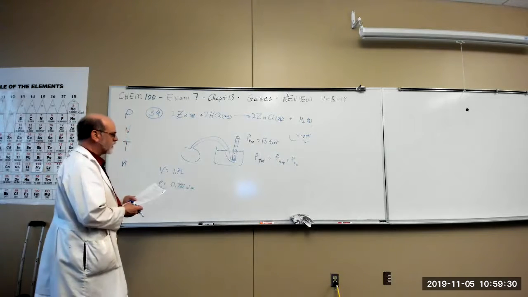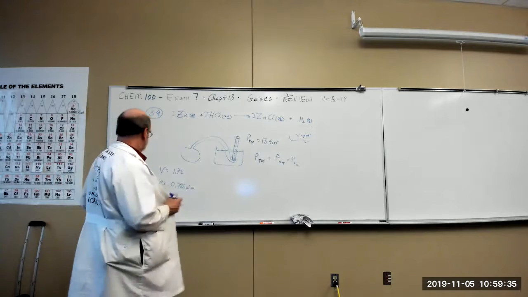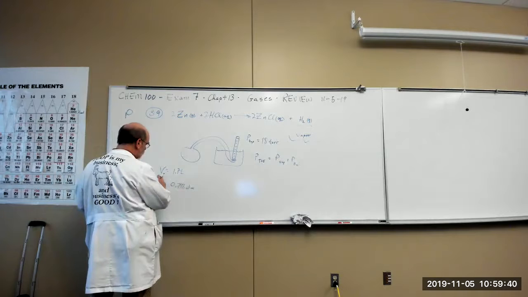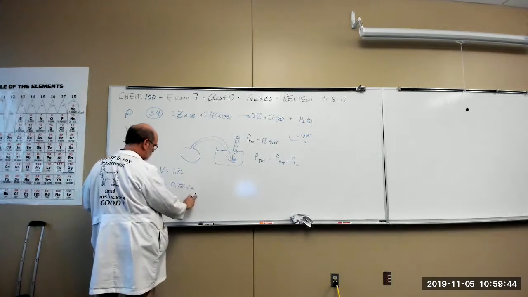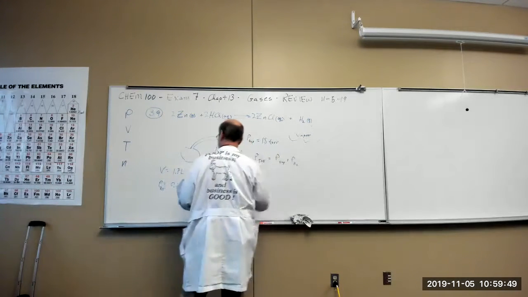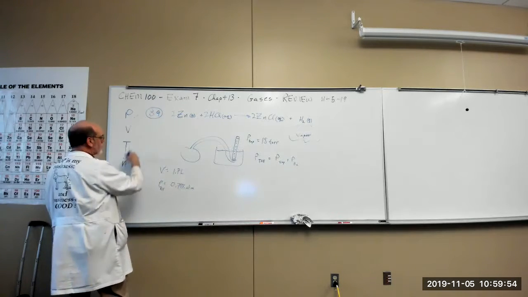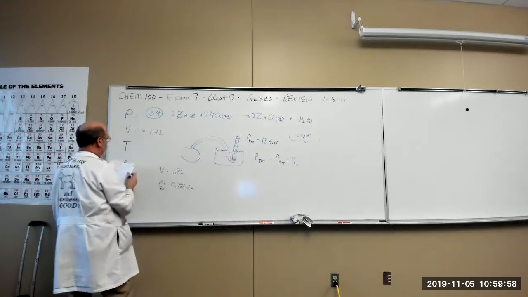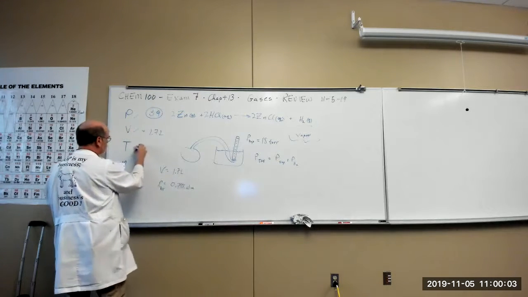The number of moles of hydrogen gas. Okay. We have a total volume. We have a total pressure. We have a partial pressure. So we have pressures taken care of. We have a volume, which is equal to 1.7 liters. And we have a temperature of 20 degrees.